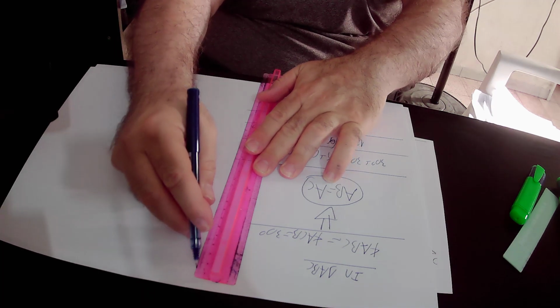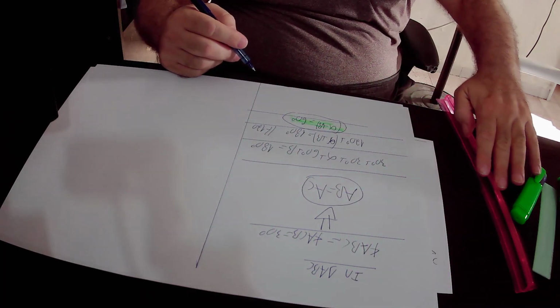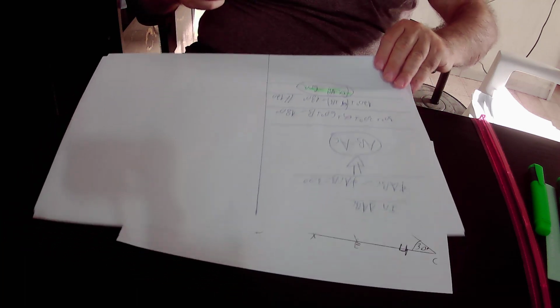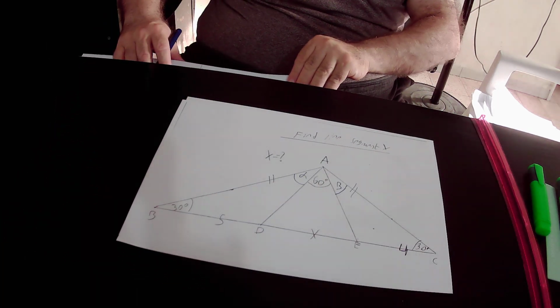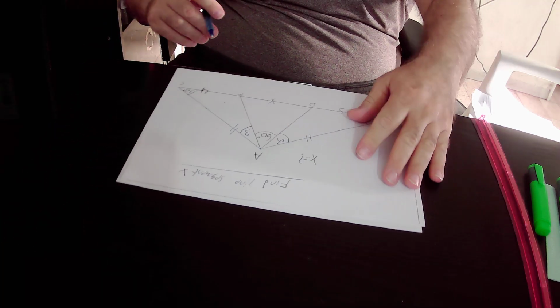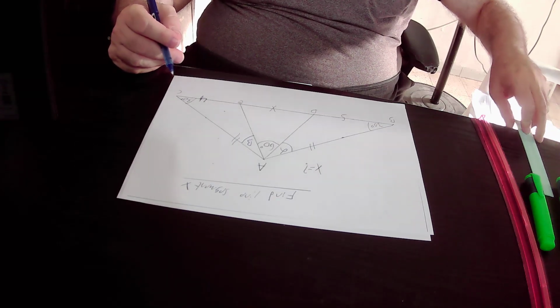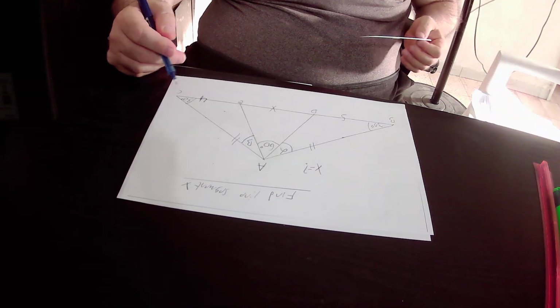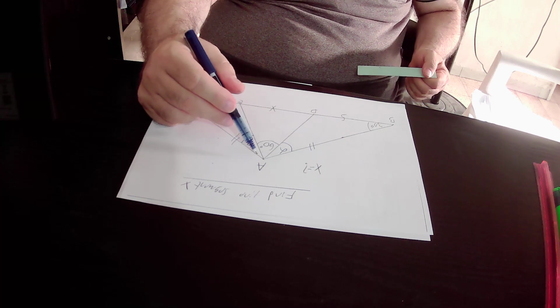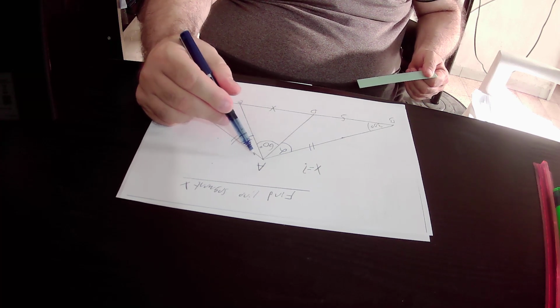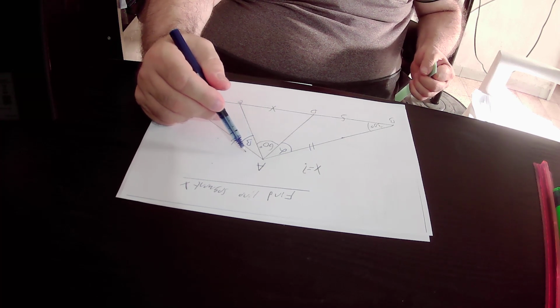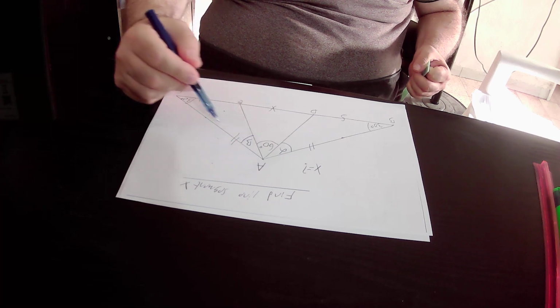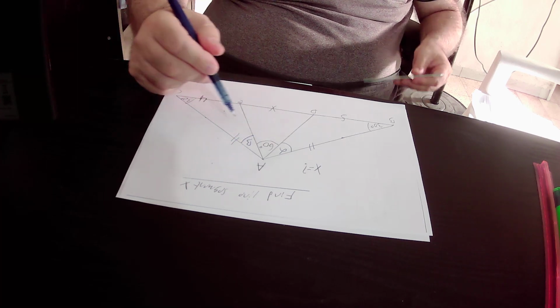In the next step, we'll do two constructions. In the first construction, from point A, we'll draw a straight line in such a way that the angle between the straight line and side AC will be equal to alpha.